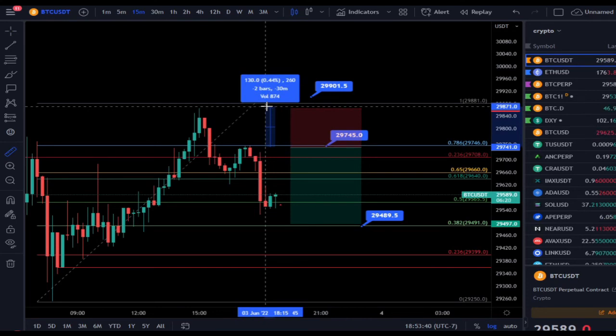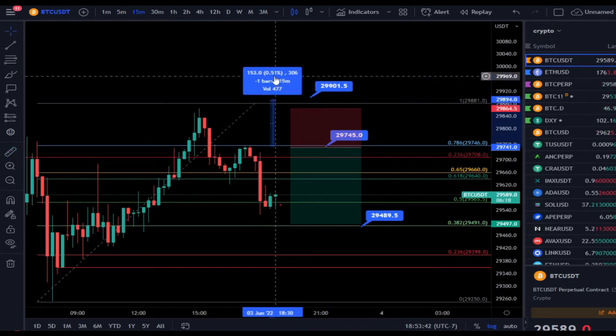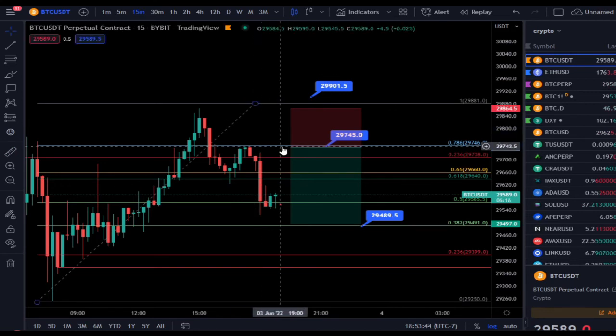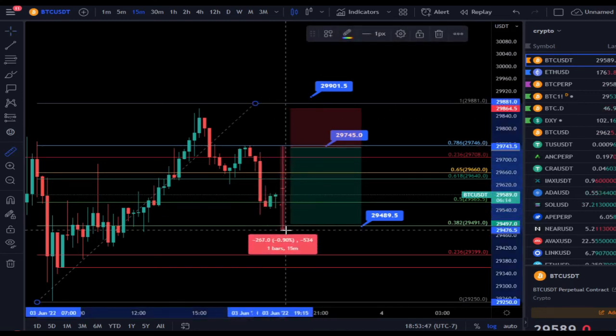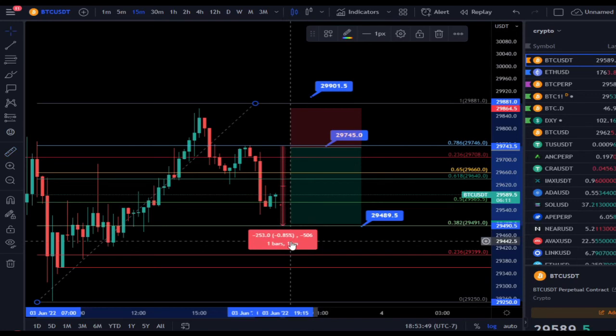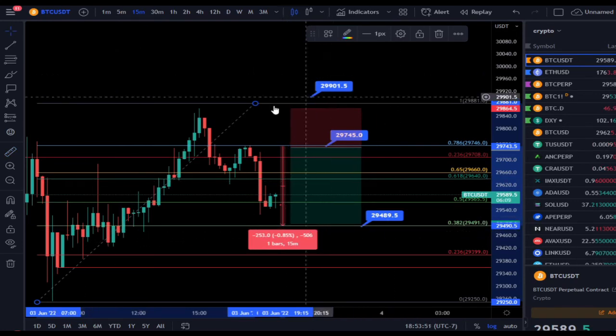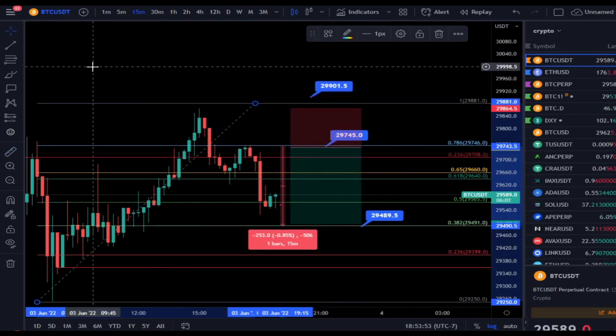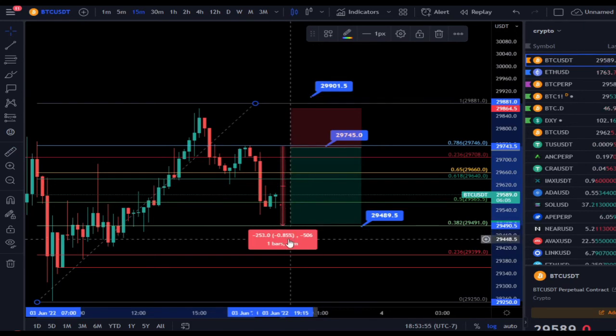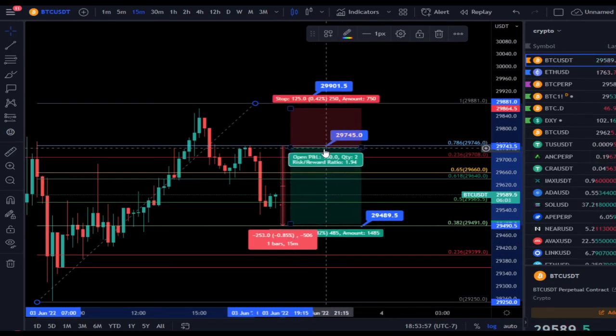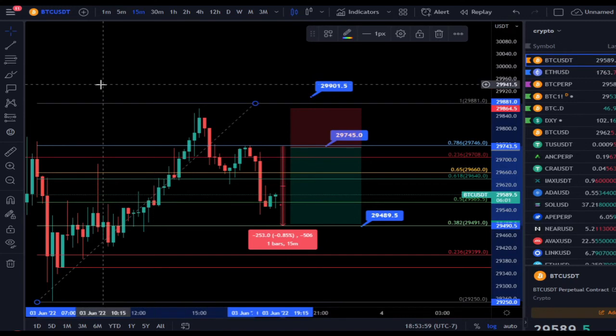If I got stopped out, I would lose 0.5%. And if I was right on the trade, I would make 0.8%. So this is about a 2-to-1 ratio trade, right? Because I'm going to make 0.8 and I'm going to lose about 0.4. So I possibly am going to win 2 times the amount of what I could possibly lose, right?